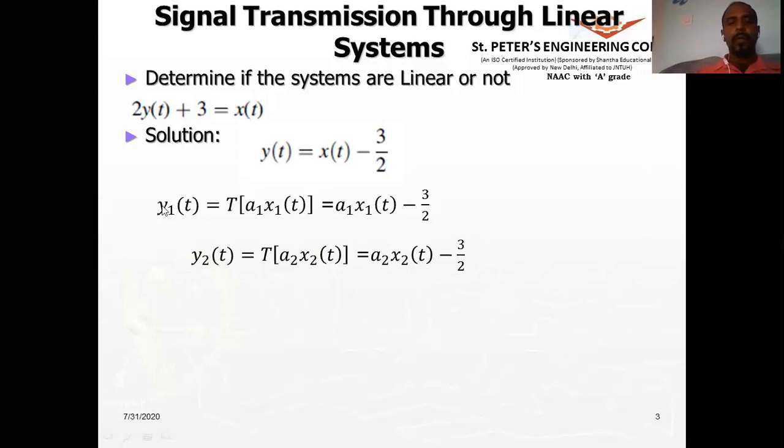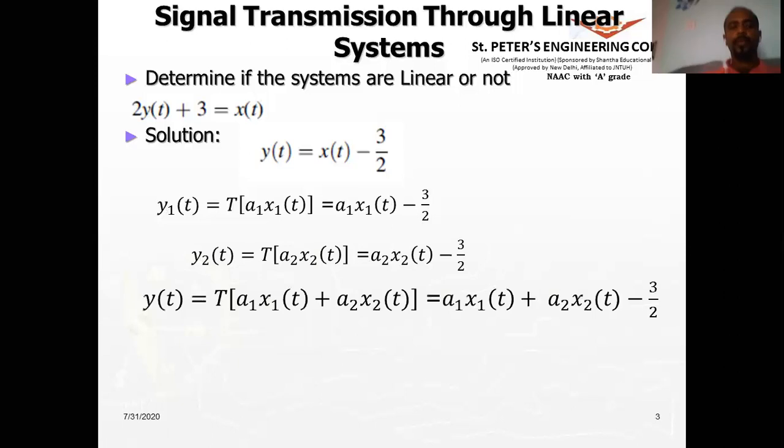Now when you add y1 plus y2, what you get is a1 x1 of t plus a2 x2 of t minus 2 times 3 by 2. That is the output you have to get. But let us see what we get when we give a1 x1 of t plus a2 x2 of t.